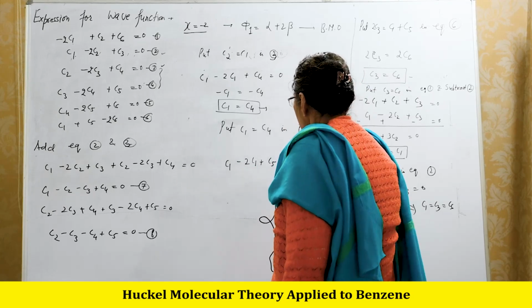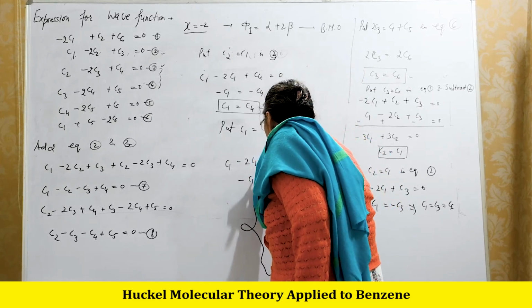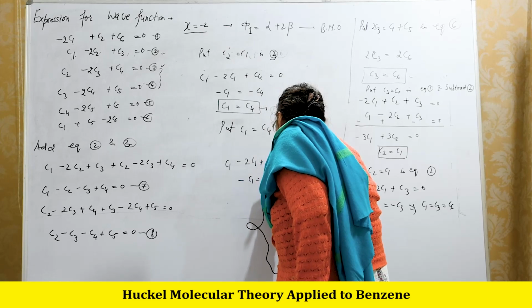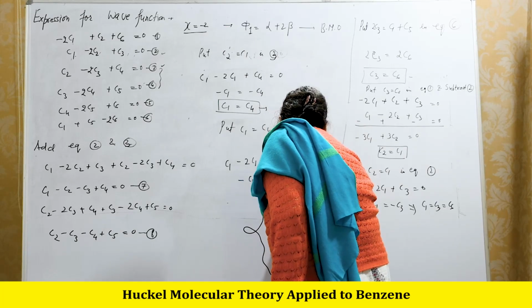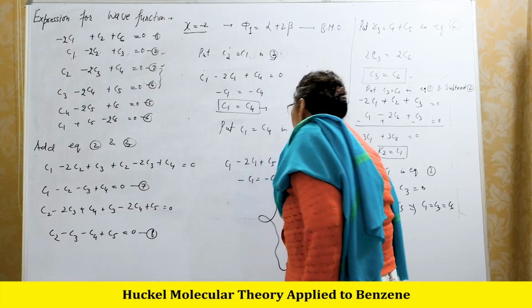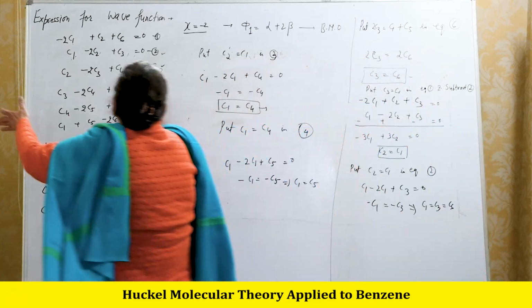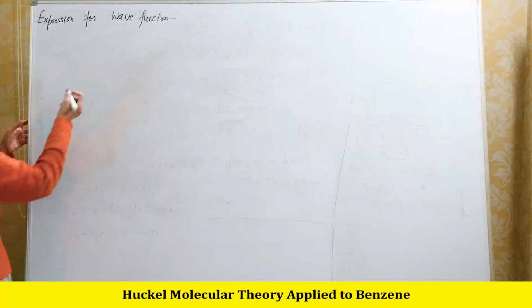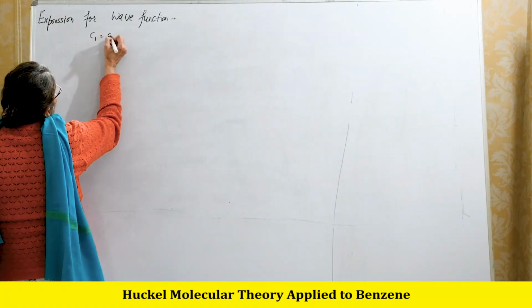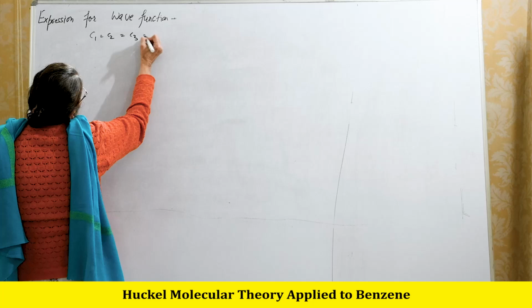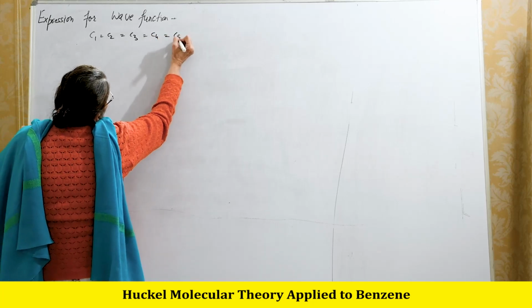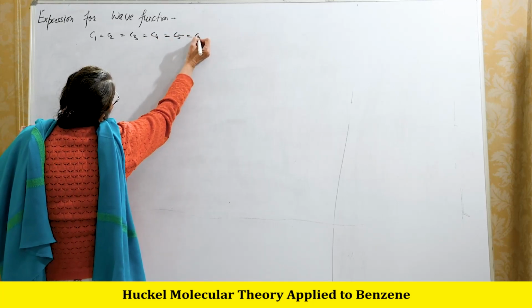So minus C1 equal to minus C5 implies that C1 equal to C5. So all the variables you have got in terms of C1. So naturally C1 equal to C2 equal to C3 equal to C4 equal to C5 and is equal to C6.